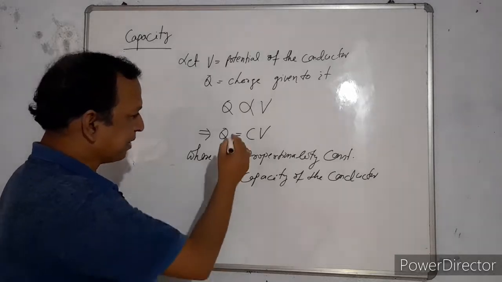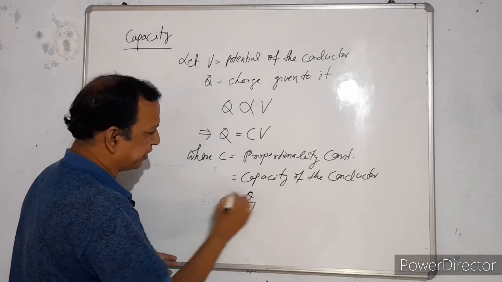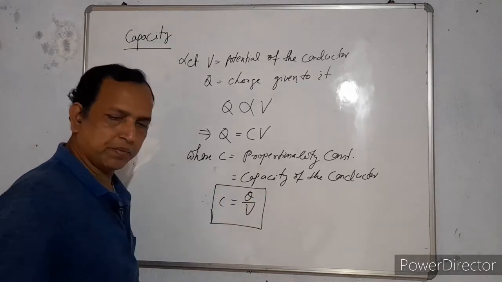So this implies that C is equal to Q by V.